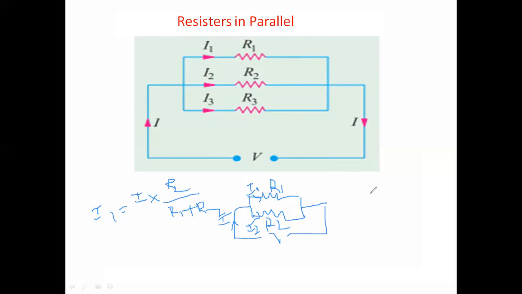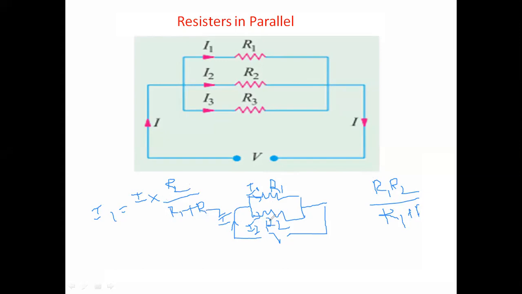Previously we saw R1 into R2 by total resistance R1 plus R2. This is the R equivalent, the equation we found in the previous one. So from this equation, suppose I want to find the current through R1, remove this R1 and in this place use the I. I into R2 by R1 plus R2.